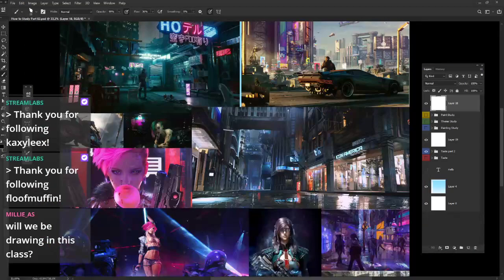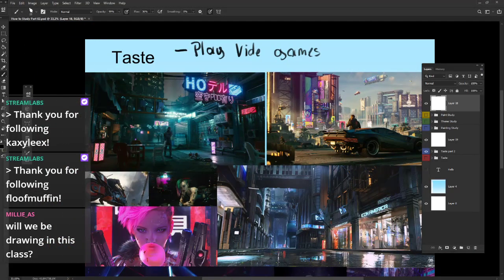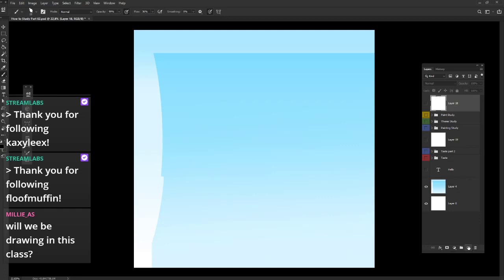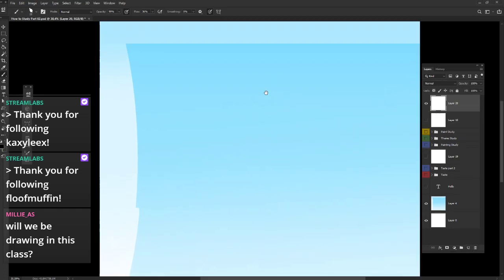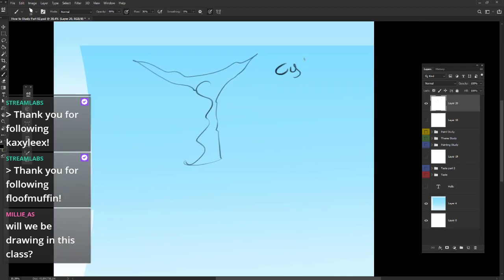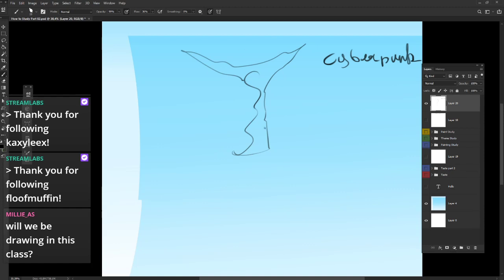And if you resolve those questions, you can actually combine that with your comfort zone. Basically, if I draw a tree, but the theme is cyberpunk, I can draw this tree like a hologram, you know?